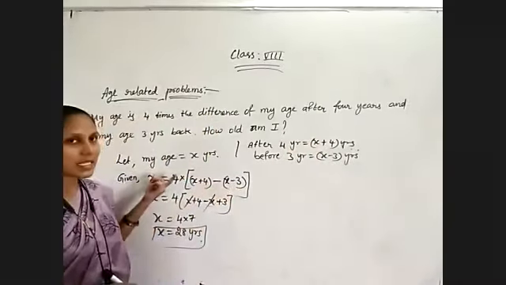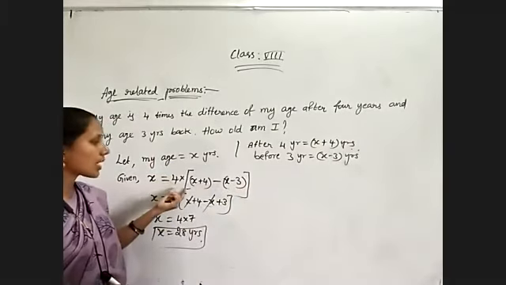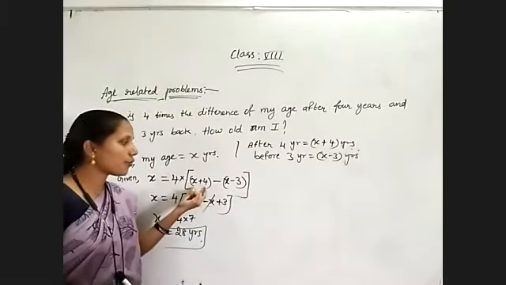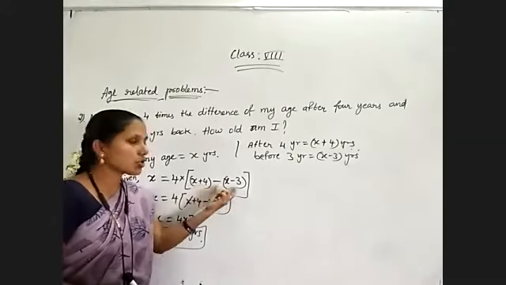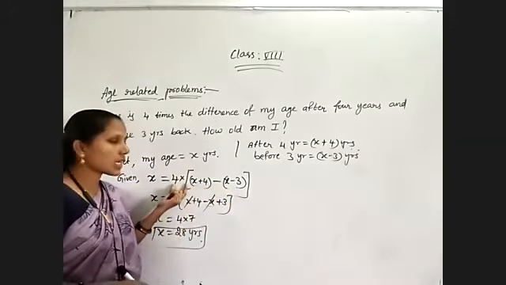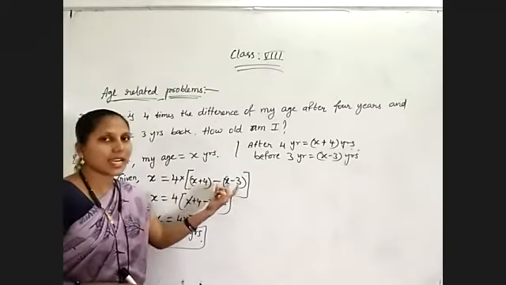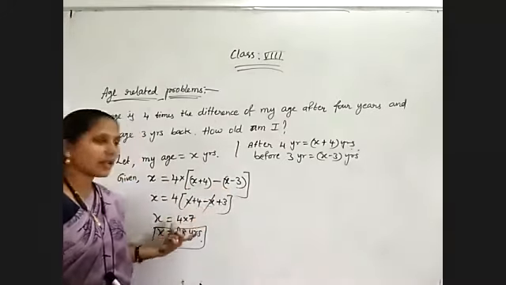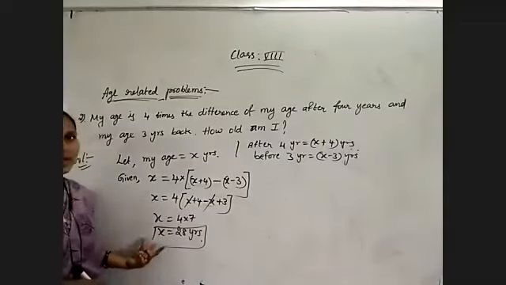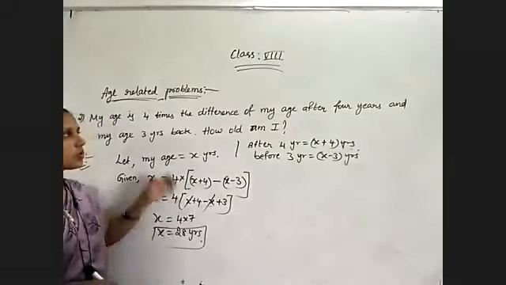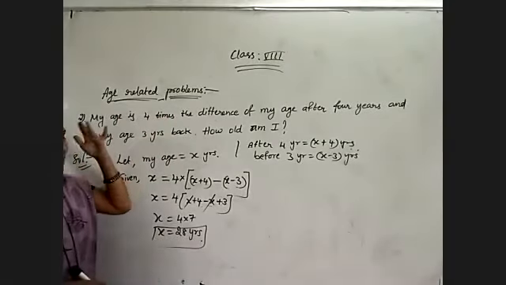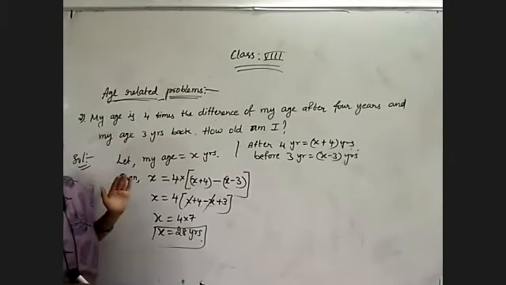So my present age is equal to 4 times the difference of after 4 years and 3 years back, that is 4 into X plus 4 minus of X minus 3. So simplify, you will get the X value, that is my age is equal to 28 years. So read the given sentences and form the equations. That is the important thing, that's all.